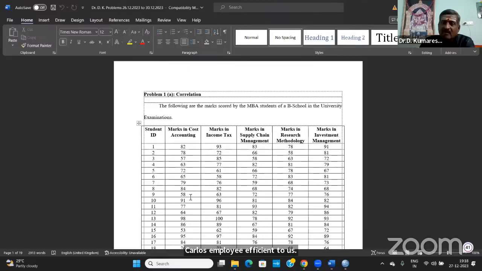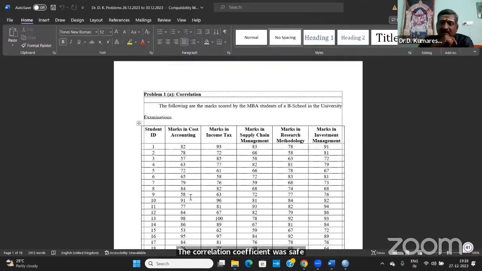When we compare A and B or B and A, the reverse comparison, in that case also the correlation coefficient was the same.